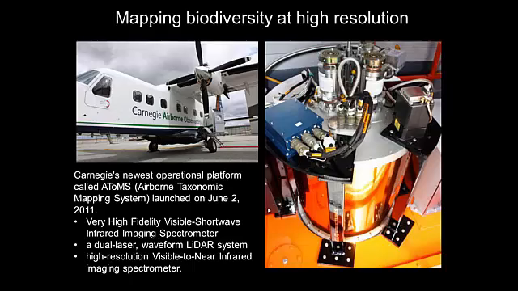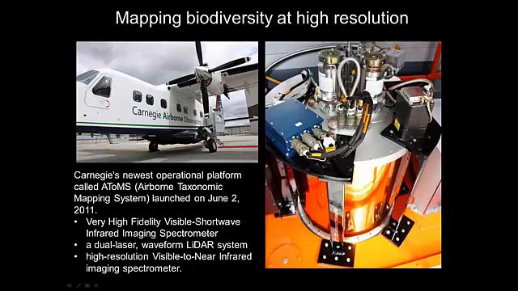So the Carnegie Institution at Stanford University is using a very high fidelity imaging spectrometer to map biodiversity based on this concept. And here you have a picture of the airborne aircraft and one of the sensors mounted on it.